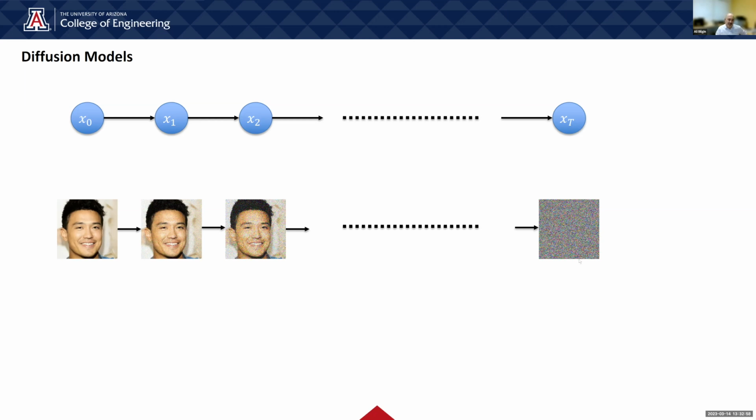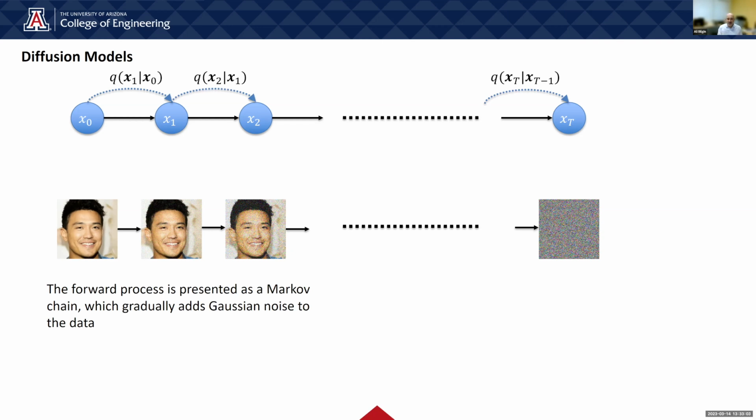It's dominated by noise. Now, what these diffusion models do is they model this forward process as a very simple Markov chain with Gaussian transitions, and you can come up with distributions that define these transitions as very simple normal distributions with means and variances, covariances shown here.